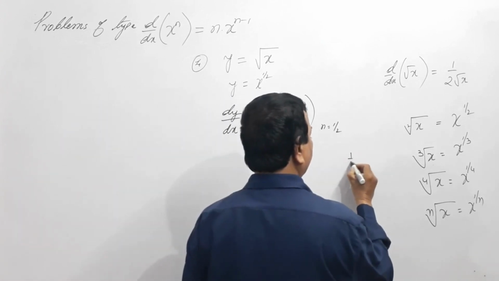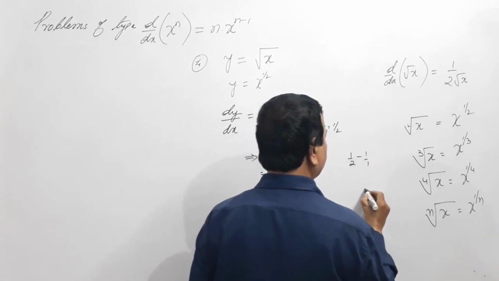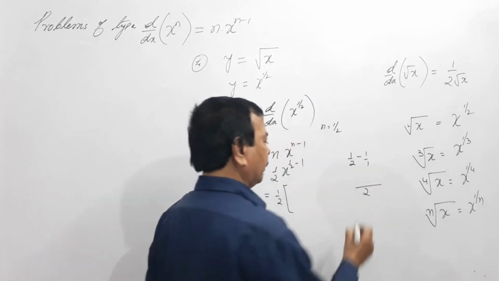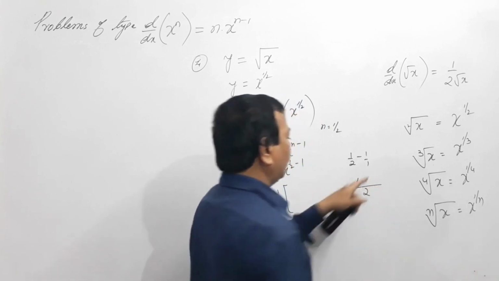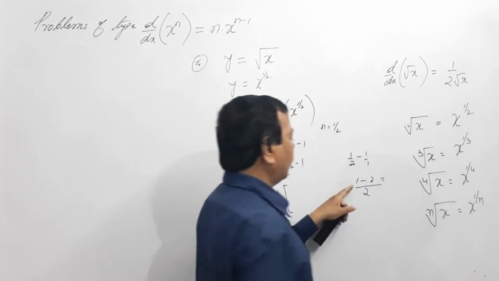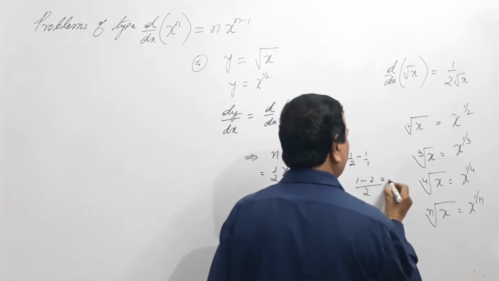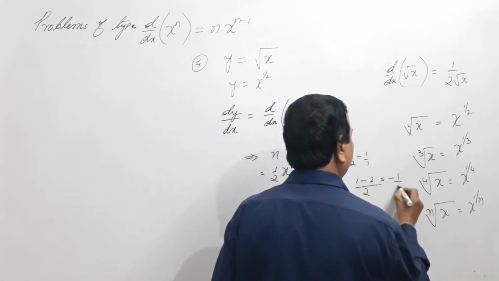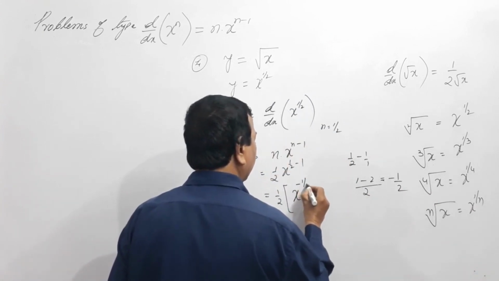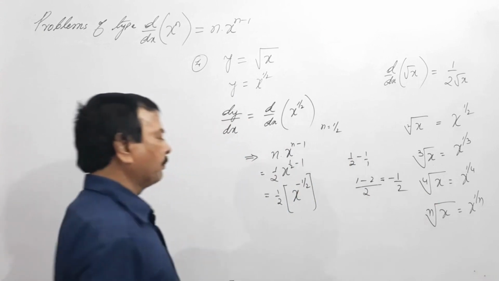Now half minus 1: 2 is the LCM. 2 goes one time, 1 into 1 is 1; 1 minus 1 goes 2 times, 2 into 1 is 2. This is 1 minus 2, that becomes minus 1 by 2. This is x to the power of minus 1 by 2.